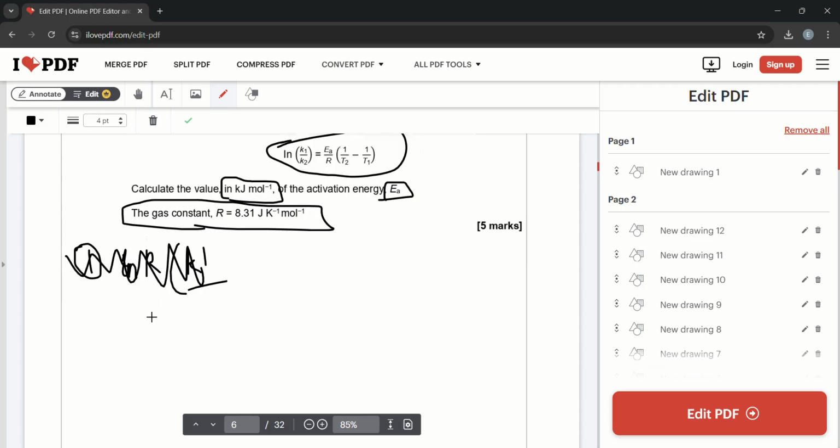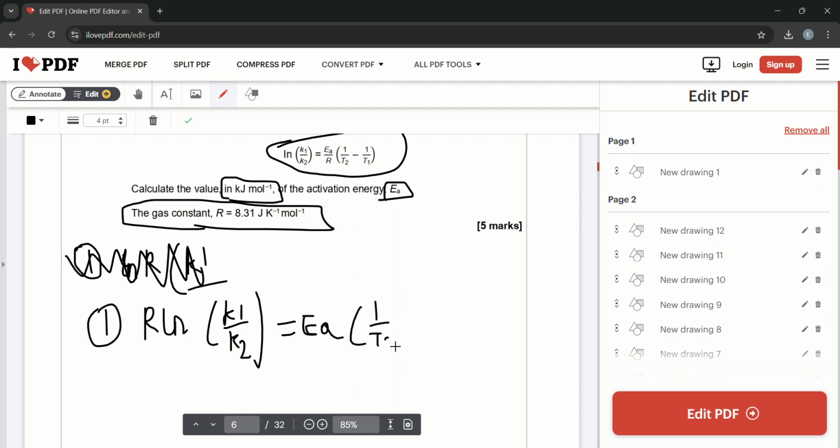That's going to be a key difference. So times by R, we get R ln K1 divided by K2, and that is equal to EA times 1 over T2 minus 1 over T1.